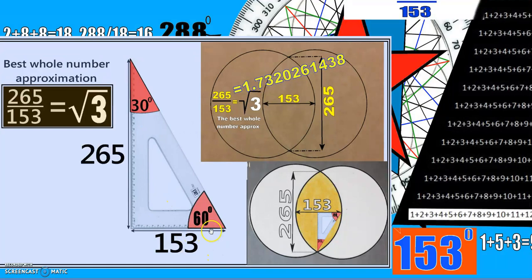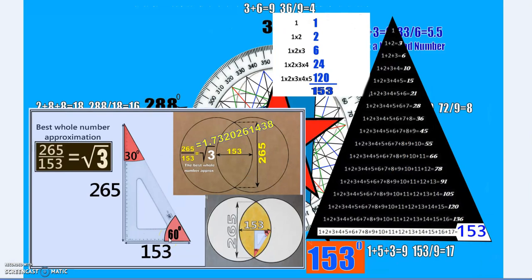But in the actual tech drawing kit, this is 1 to exactly the square root of 3, because if 153 here, this is exactly twice that. So a 1 to 2 ratio, therefore the actual set square is exactly the square root of 3, but as a whole number approximate, that's why 153 is so important.